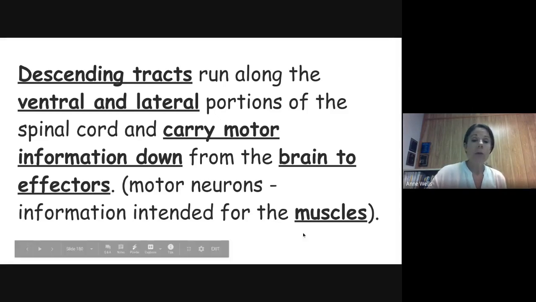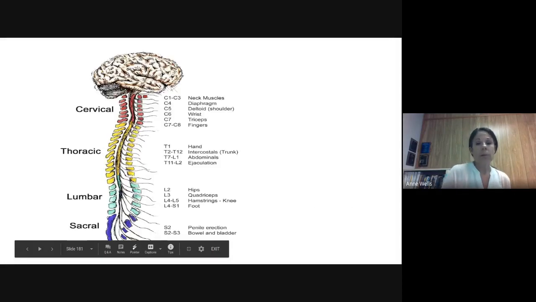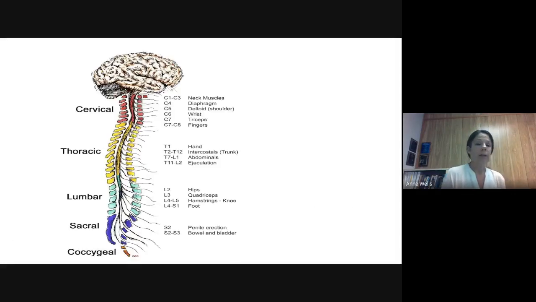This is information intended for the muscles. So there's a great picture of the spinal cord. It is divided into sections. We're not going to talk about all the different parts and all the different sections, but it goes right along with the sections of the skeletal system for your vertebral column.